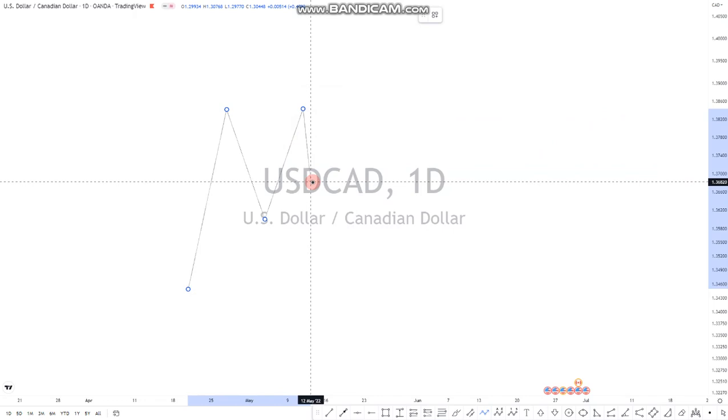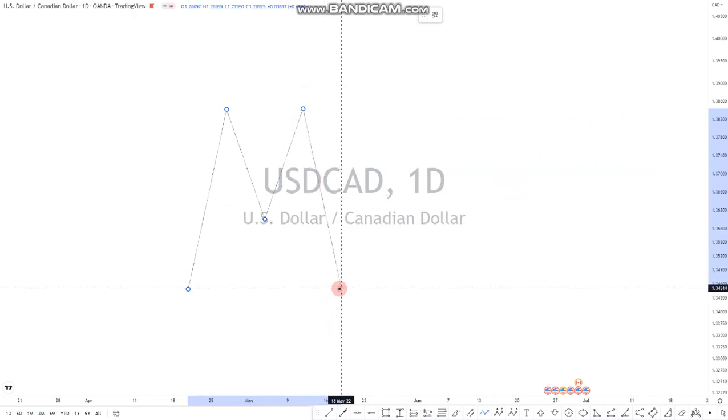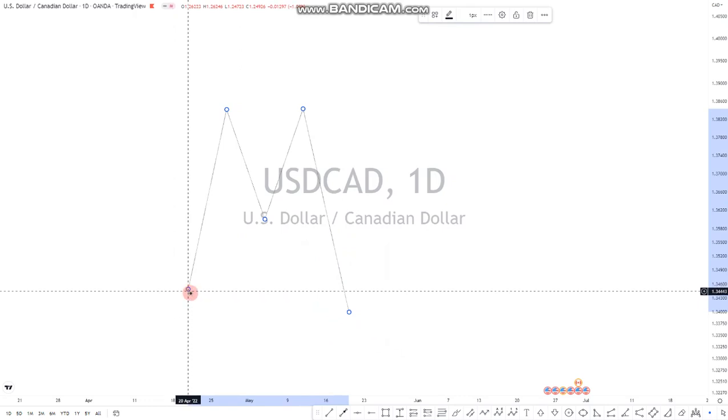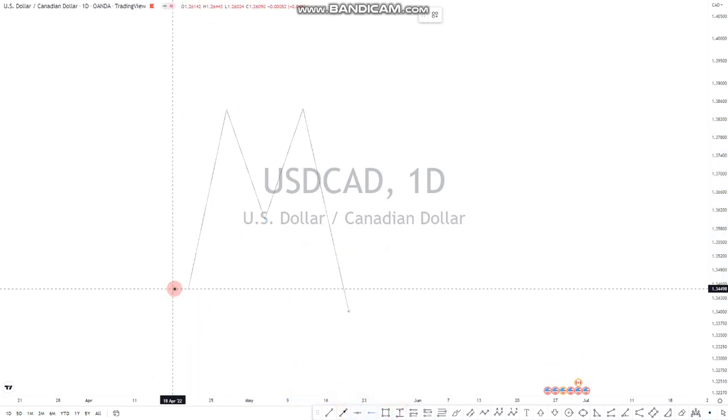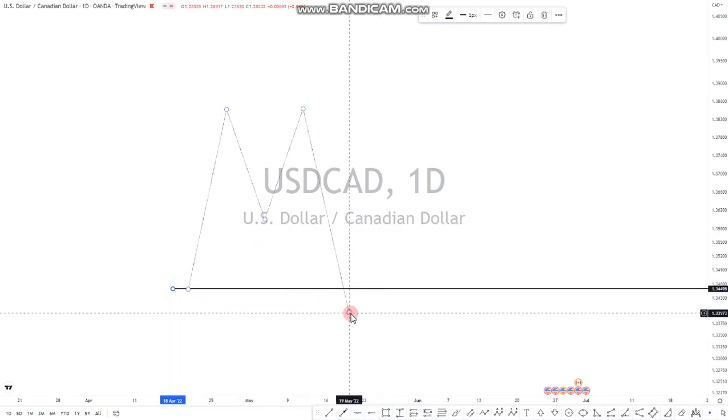So we expect this market to push more down to break the previous first leg, that area. So if you're dealing with a double top, this is how we deal with this market.